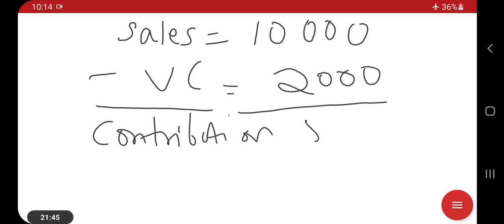So 10,000 minus 2000 is equal to 8,000, the contribution.